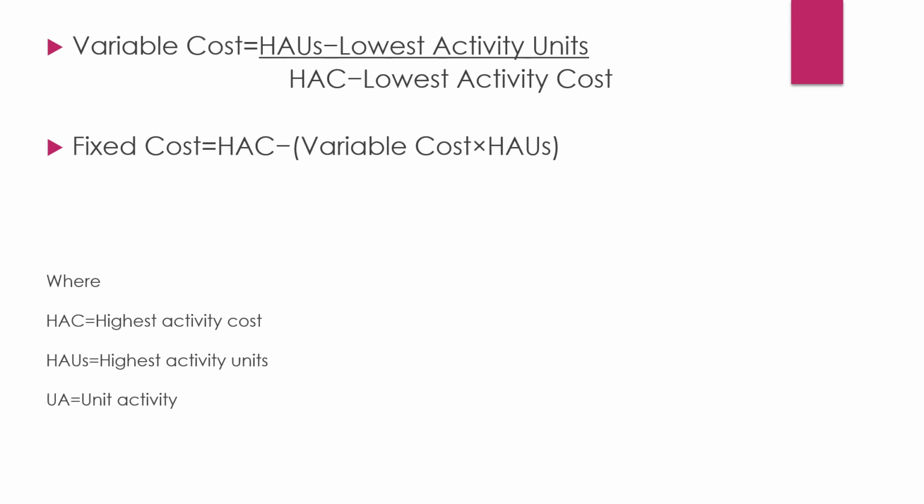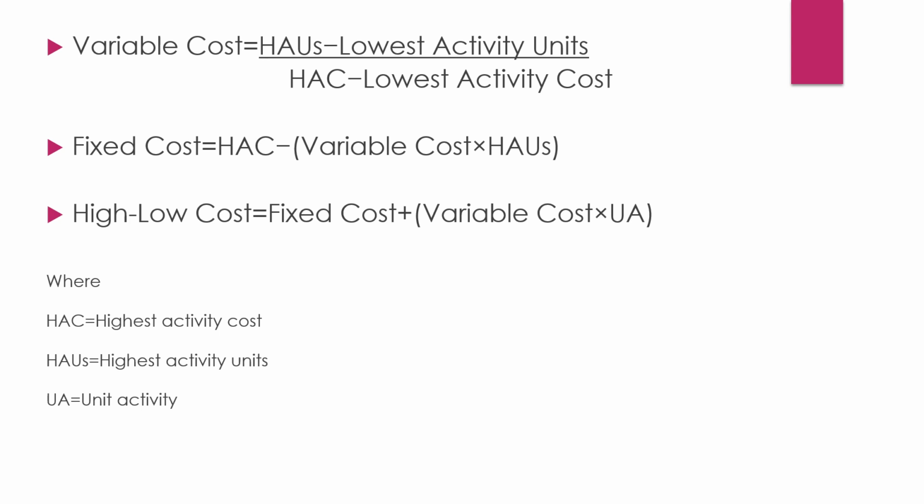To find the fixed cost, from the highest activity cost, we have to deduct the variable cost, that is, variable cost per unit times highest activity units. Then we can find the high-low cost, that is the fixed cost plus the variable cost.